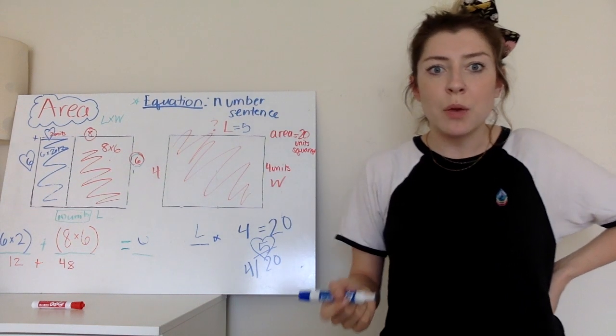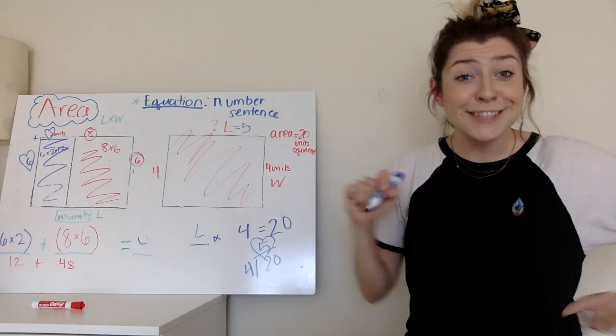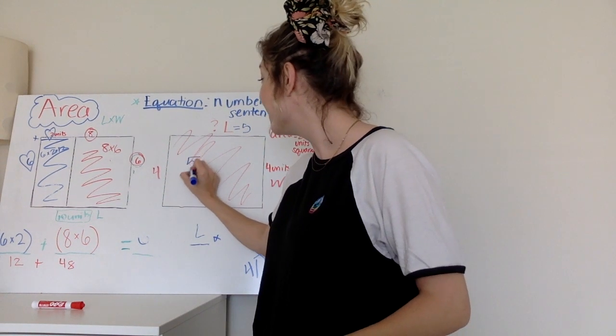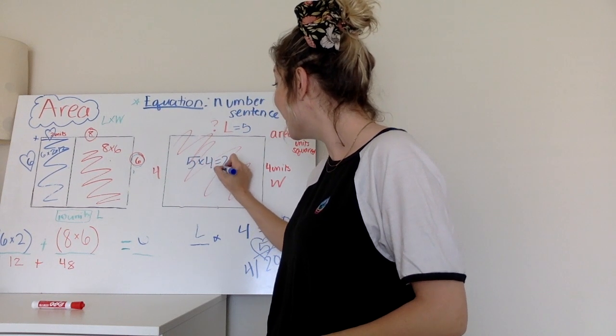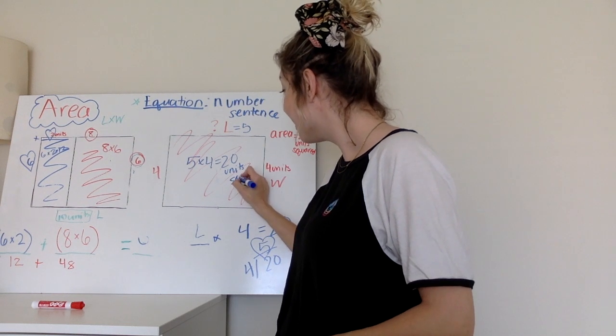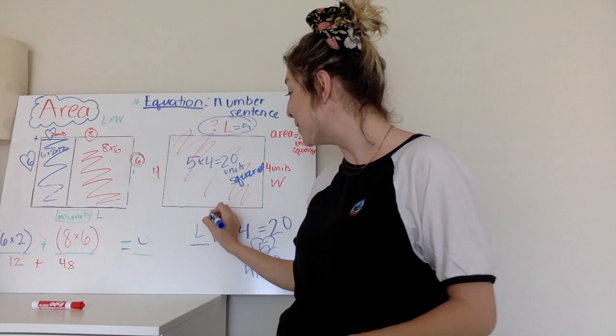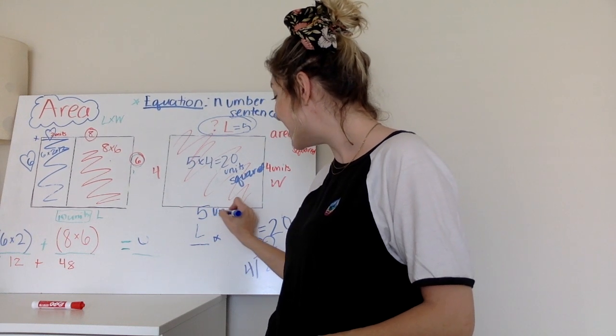So let's check my work. 5 times 4 is in fact 20. So 5 times 4 is 20 units squared. So we just found our missing side, which is 5 units.